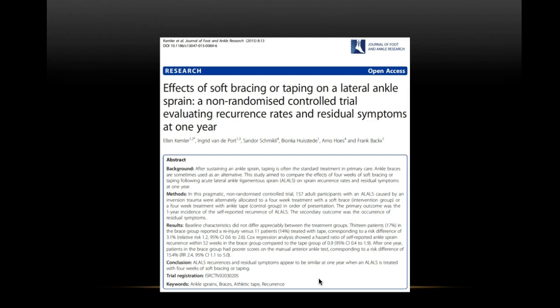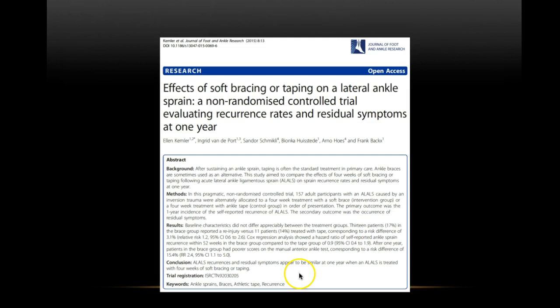After the 4 weeks, they would still bring them back in and test them, and they did that for up to a year, and they found no differences in their symptoms. So they found that either soft bracing, so using like a sleeve or a soft ankle brace, provided similar support, and limited the amount of symptoms that these patients were having, just as if they were getting taped. Tape seemed to do the same thing.